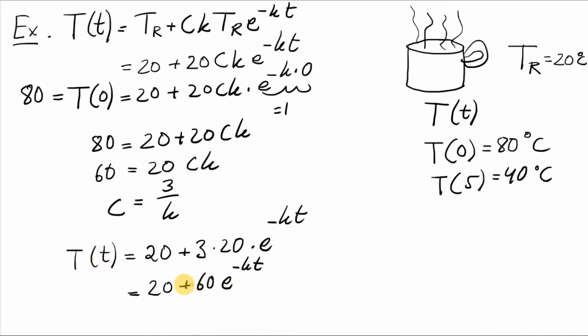So the temperature is given by this. And to find out what K is, we have to use the second initial condition. So if we put in T equal to 5, then this should be 40. And put in 5 here.